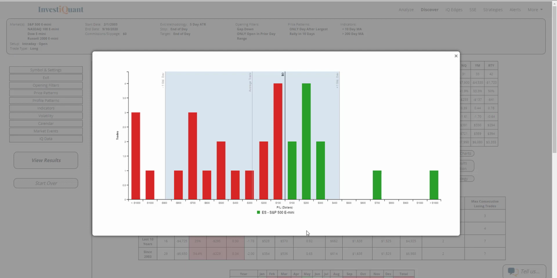So a quick glance at this, and you can easily see there have not been a lot of outsized winners with this pattern. There's only a couple of them sitting over here on the far right. Most of the winners are small. However, on the loss side, you've got quite a few of the larger or taller bars here for large losses, and you've got them kind of spread out throughout this histogram.